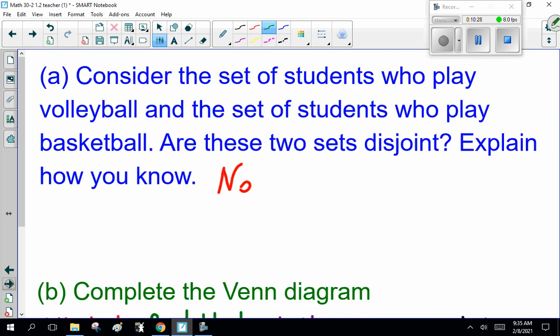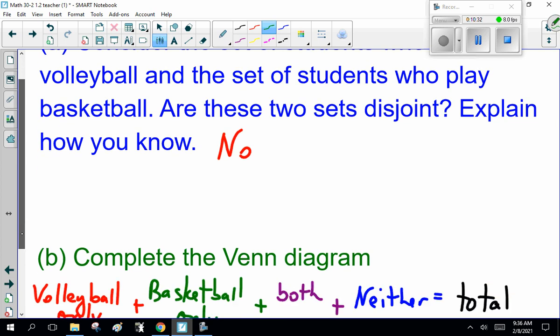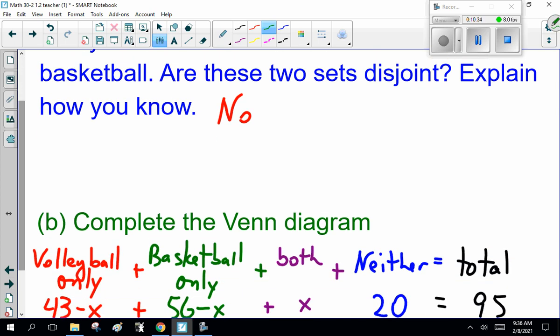Okay? Now, the short way to do this. Right, now, this is a little confusing. Volleyball is 43. Basketball, 56.